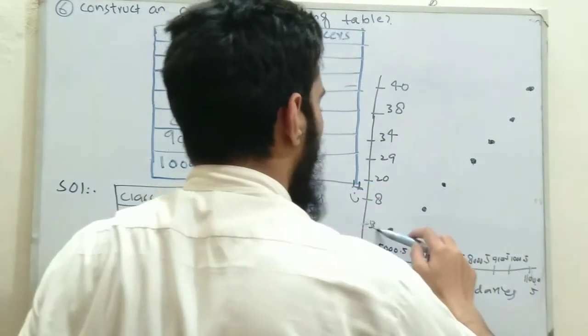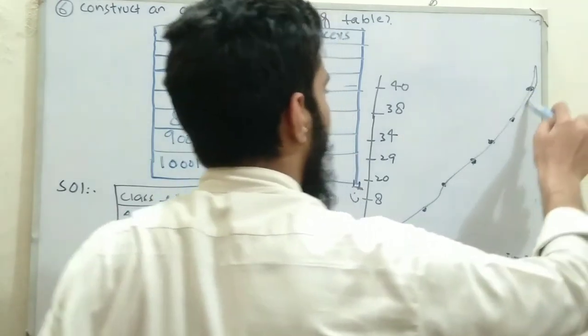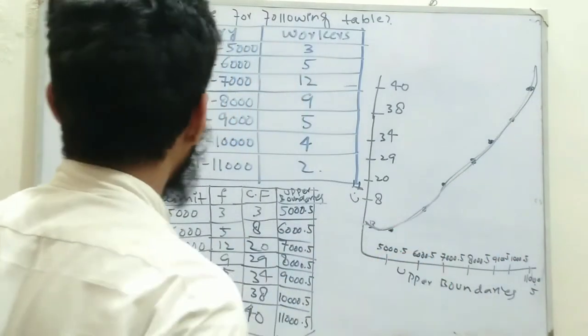So the graph for the Ogive will look like this. A curve just like this will be made for the Ogive.